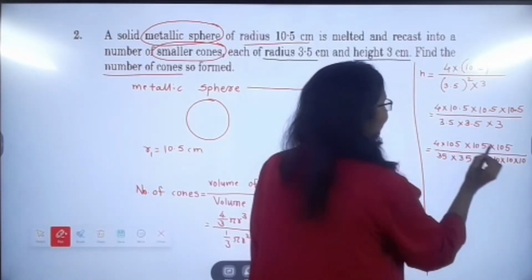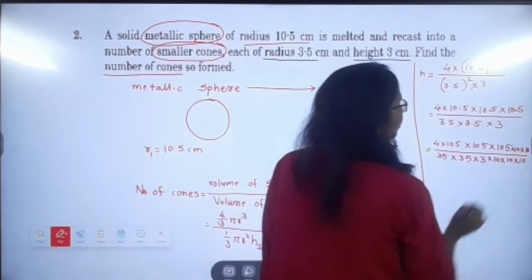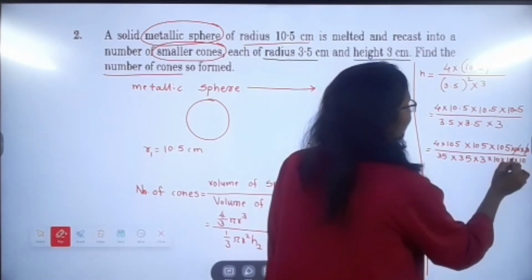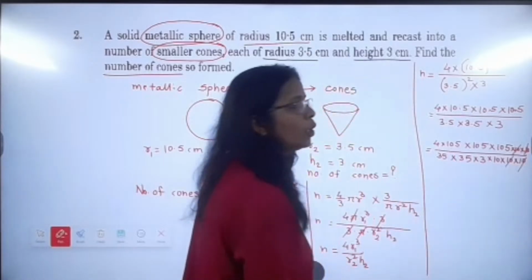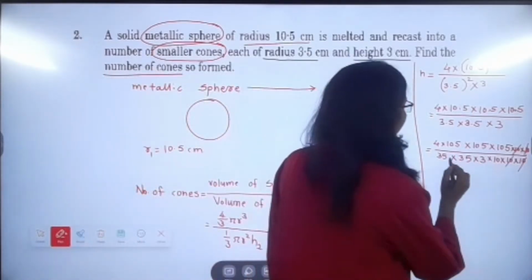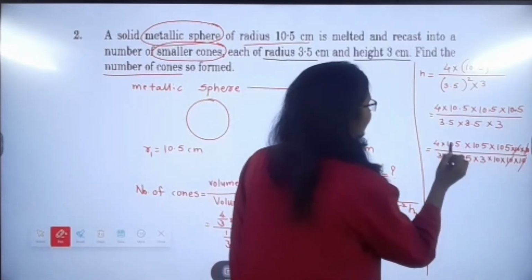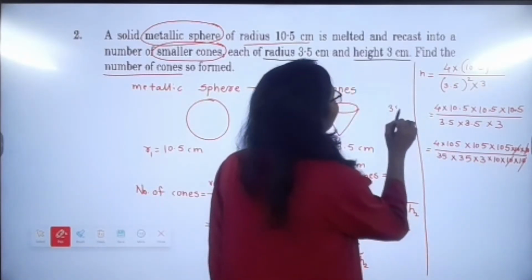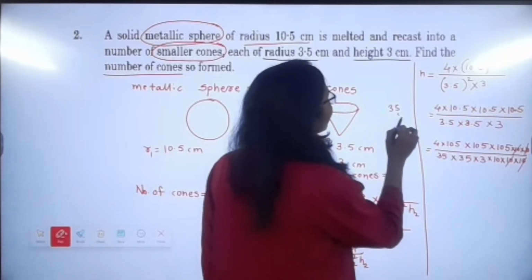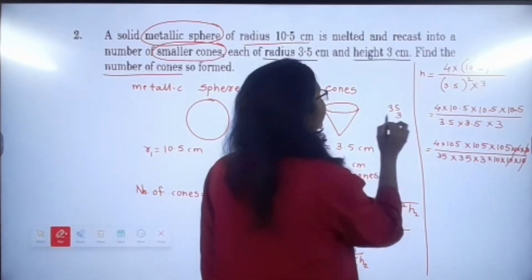And for 3.5 I write down here 10 multiply 10. So here students, 210 upper side and 210 lower side get cancelled. And then 35 multiply 3.